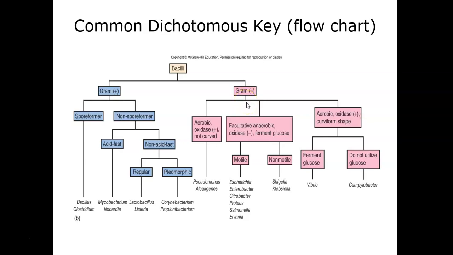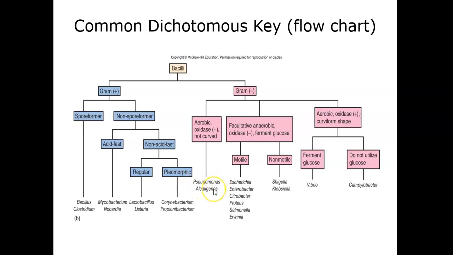Does it respire oxygen, or is it impacted by oxygen? So is it aerobic? Is it an anaerobe? In this case, if it was aerobic, if it had the oxidase enzyme, and it wasn't curved in shape, then that would tell me that it's either the genus Pseudomonas or the genus Alcaligenes.